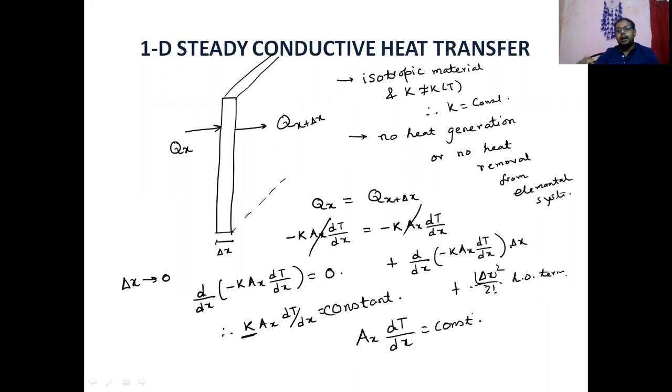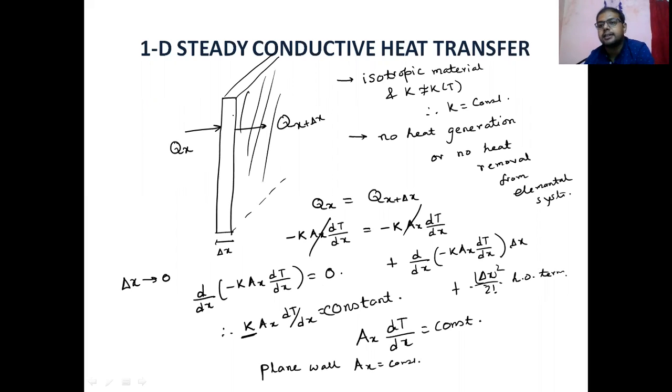For the plane wall, our consideration was the plane wall. The cross-section area is a constant. Whatever the area, this area and the opposite area are the same. No changes. So individually everything is constant.